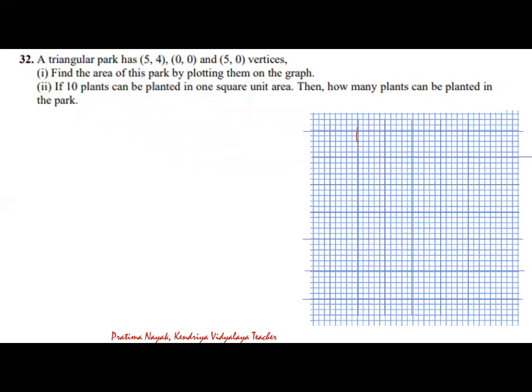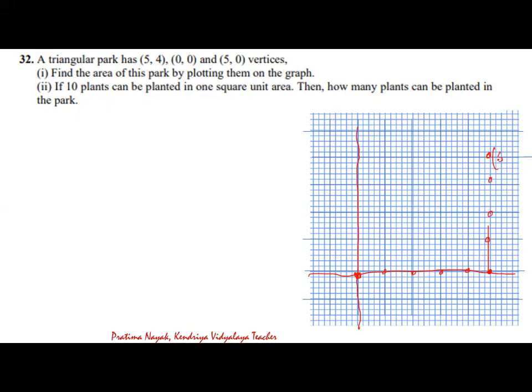So let us draw a coordinate axis. So this is my (0, 0). Then I'll go 1, 2, 3, 4, 5, and 1, 2, 3, 4.